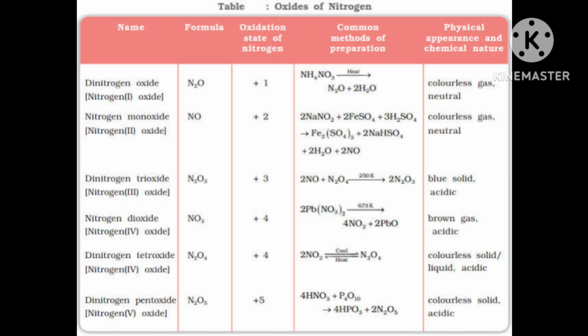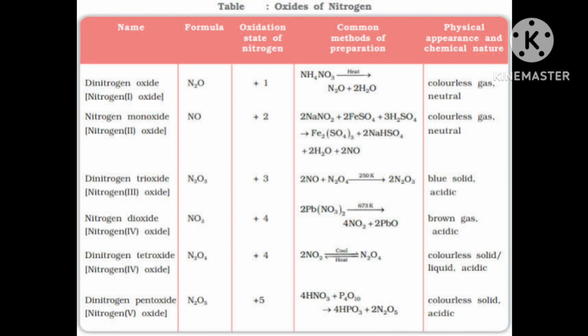Till now, out of the 5, I told you about only 2 solids. The first solid was N2O3, a blue solid, and this fifth one is the colorless solid, or it may be liquid also.